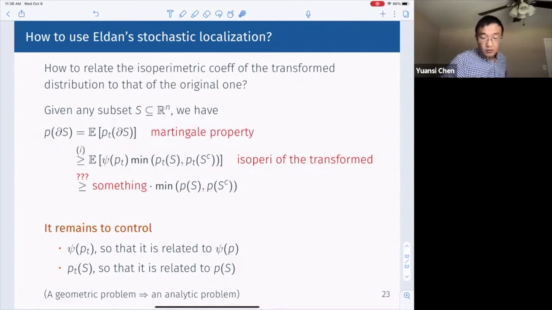Basically, you have a stochastic differential equation, and you want to control quantities like the isoperimetric inequality at time t and the volume of set S at time t. This is the key idea that makes this geometric problem tractable using the stochastic localization proof technique.